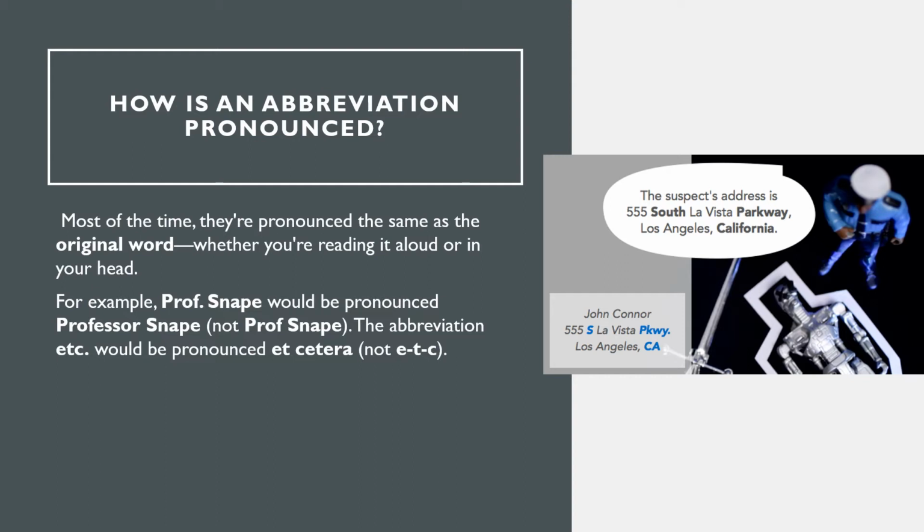We have etc., and you would say that as et cetera, not etc. So that's something sometimes you have to get your head around, but usually when you are speaking, you would say, you know, I live on Winjow Drive, not Winjow DR or Winjow Der. If you're talking about Dr. Oz, you're going to say Doctor Oz, not Der Oz.